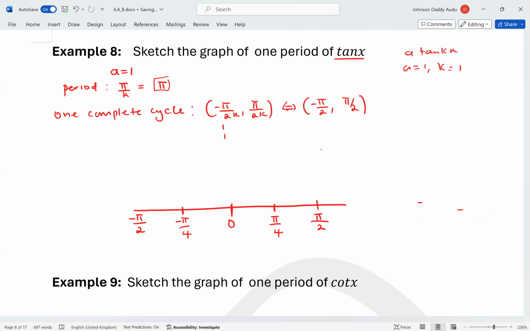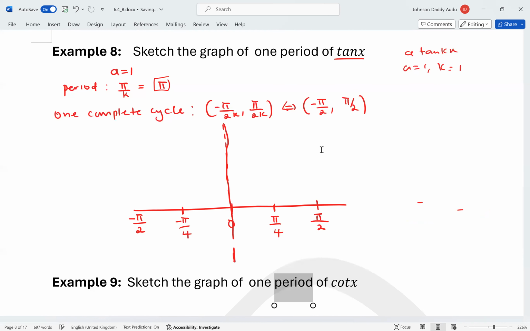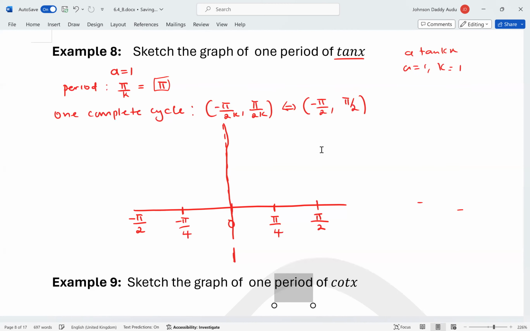Now, if we sketch this, this is our y-axis. So what is the a? Our a is 1, and the other value is going to be minus 1 here.